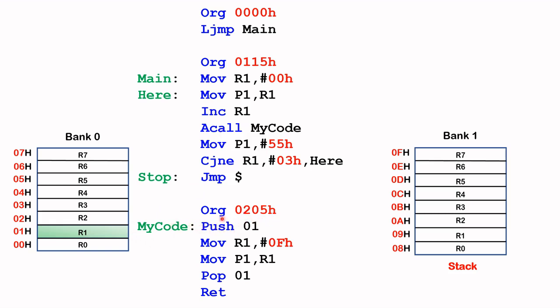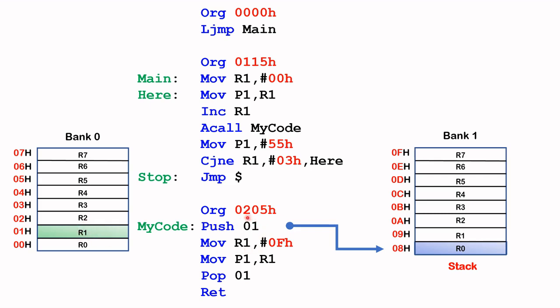First instruction is to push 01, and this is referring to this address here. So push the contents of 01, or save the contents of 01 onto the first available location in the stack. The first available location would be 08H, which is R0 on the stack. 01, if you notice, is actually R1.